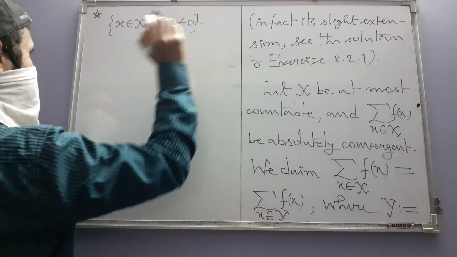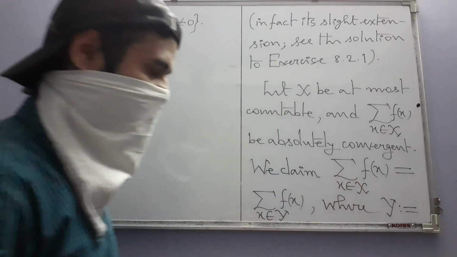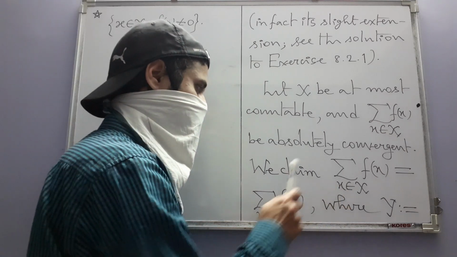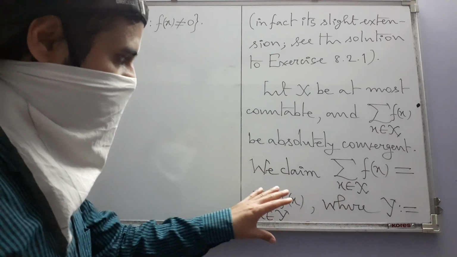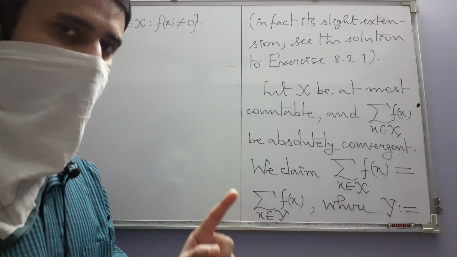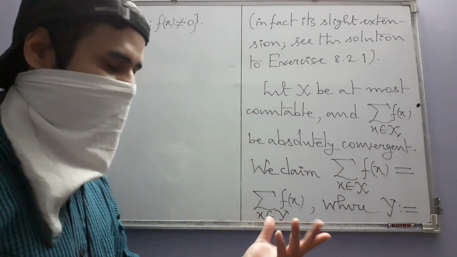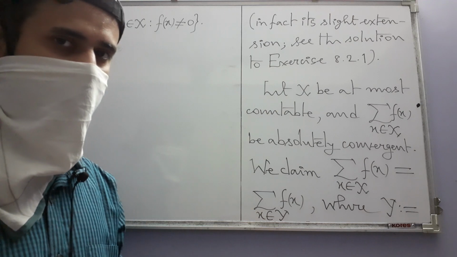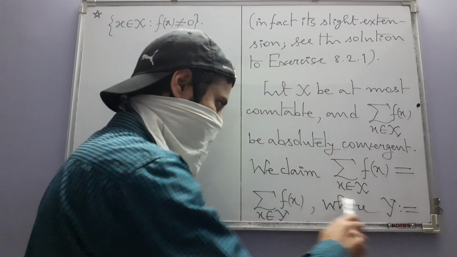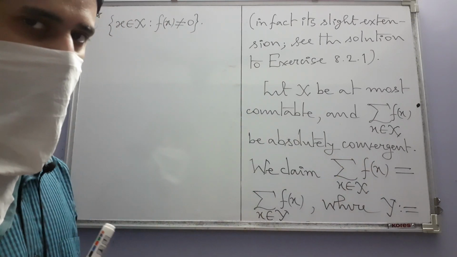See, definition 8.2.4 assigns the value this to this sum. So by definition 8.2.4, the sum by that definition should have this value. However, because X is at most countable, this already has a value of its own which does not depend on definition 8.2.4.